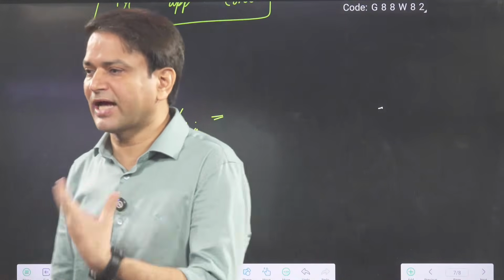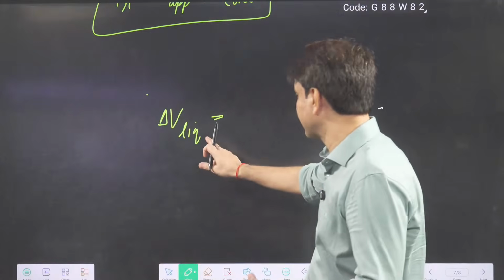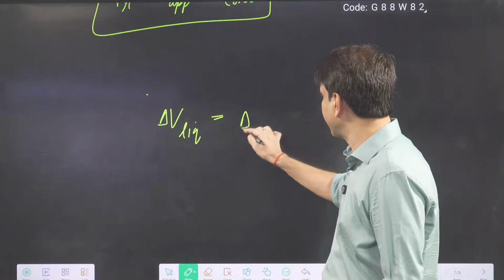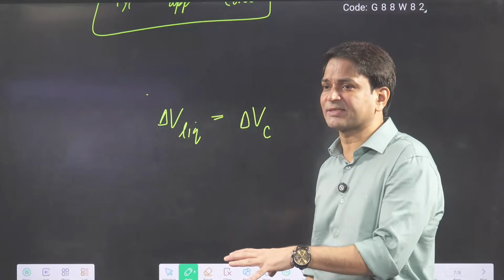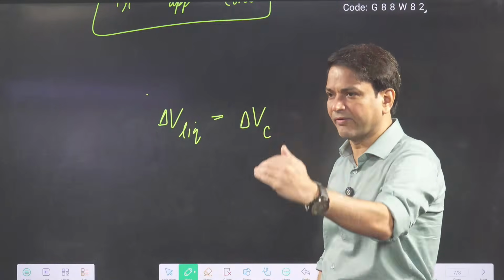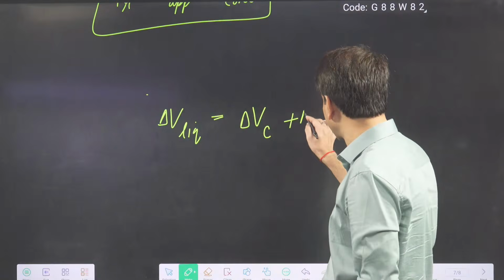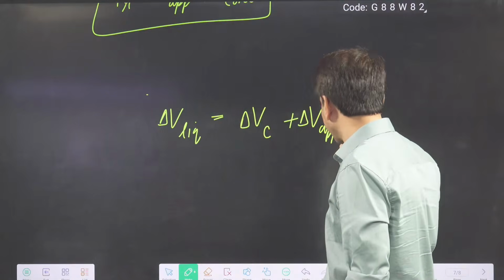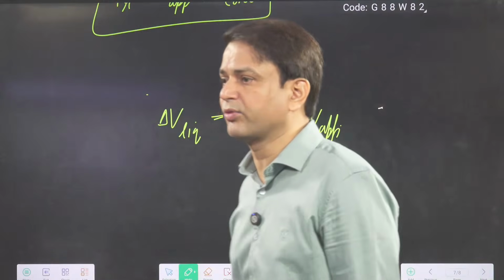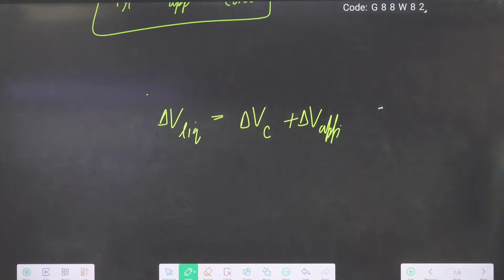What we will observe is the apparent expansion. So the real expansion, the change in volume of the liquid, is equal to delta V container, how much the container expands, whatever extra is there will come out, or due to that the level will fall, plus delta V apparent. So the real expansion of the liquid is delta V container plus delta V apparent. Everybody got this relation?